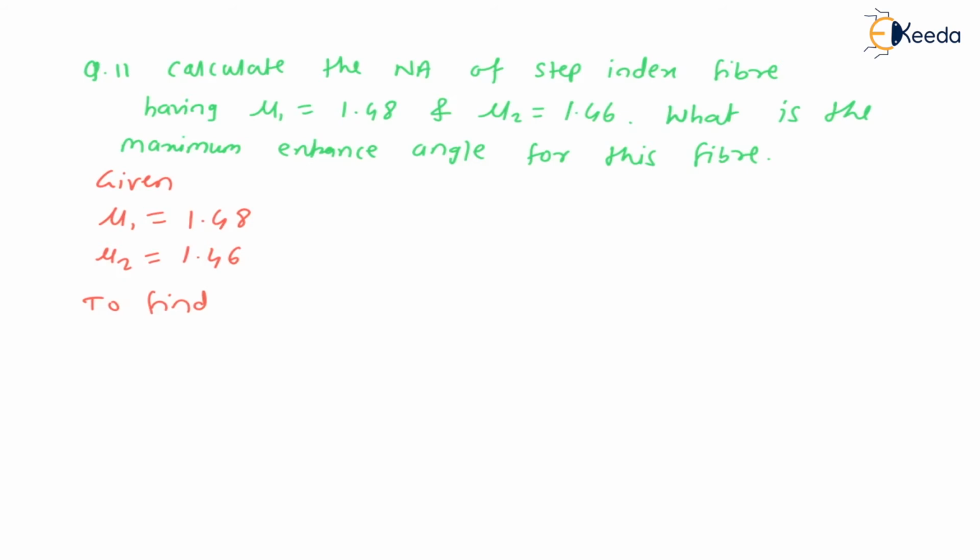So first of all, we'll write Na as question mark, and the second one is the maximum entrance angle, which is nothing but the acceptance angle. So it will be theta naught.